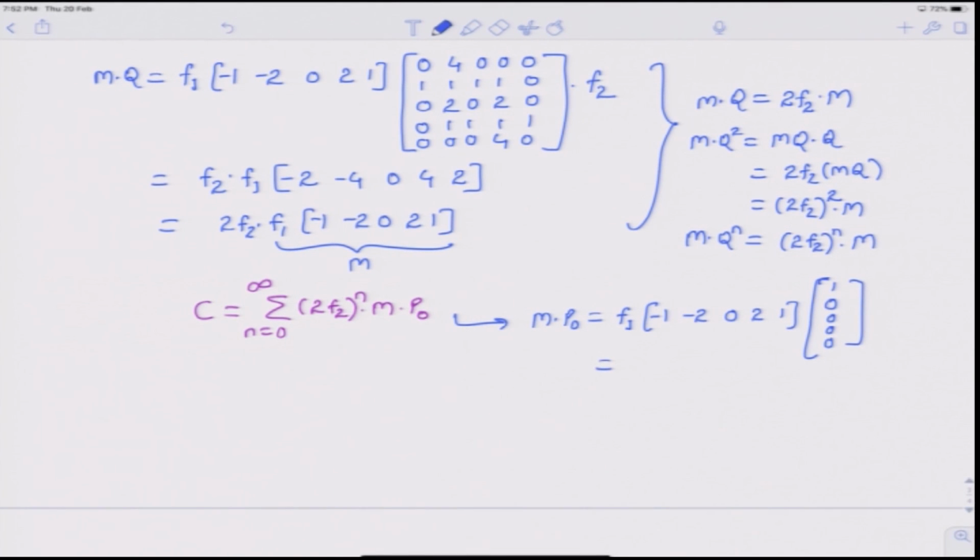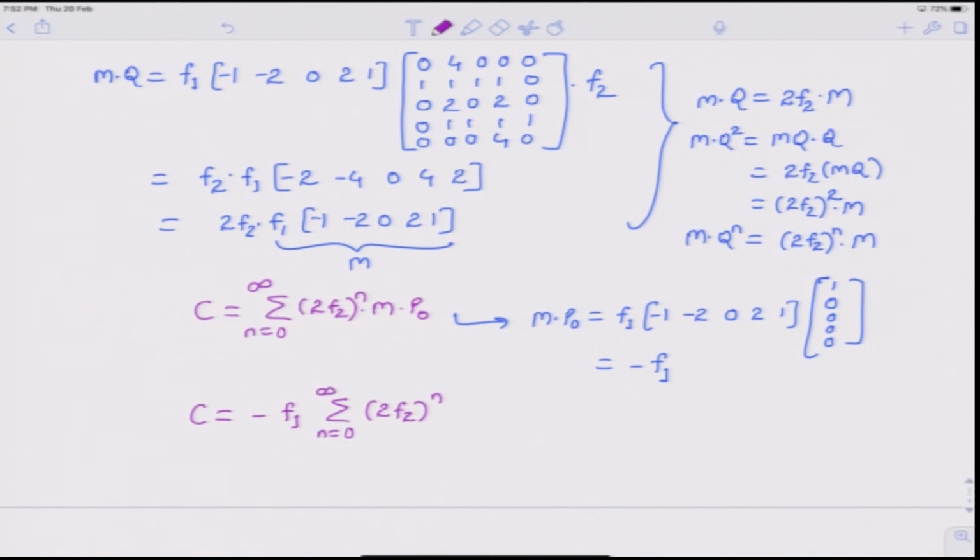This should be equal to minus F1, and so C becomes minus F1 times the summation of 2 F2 to the power n, n varies from 0 to infinity, and this summation we can write as 1 over 1 minus 2 F2.